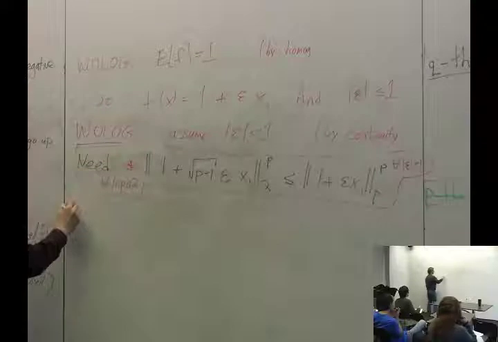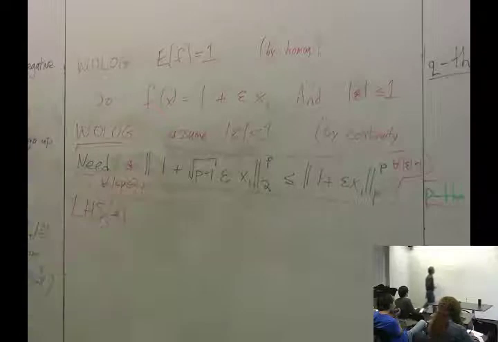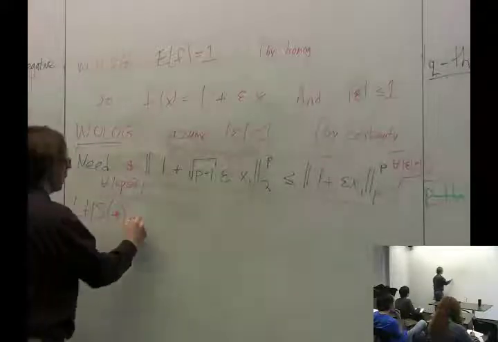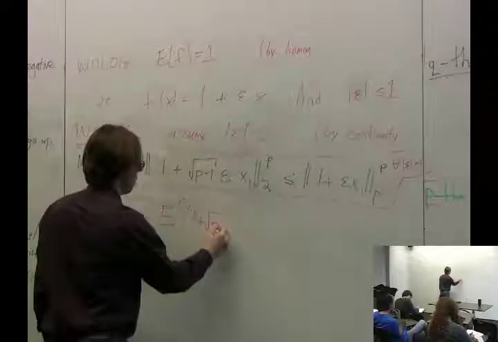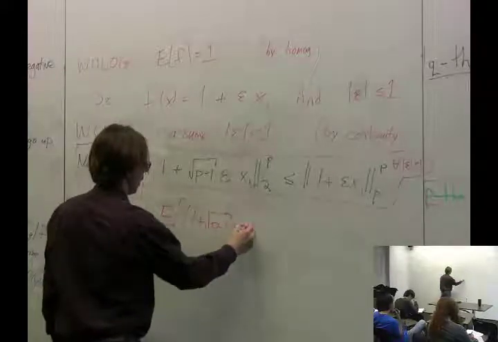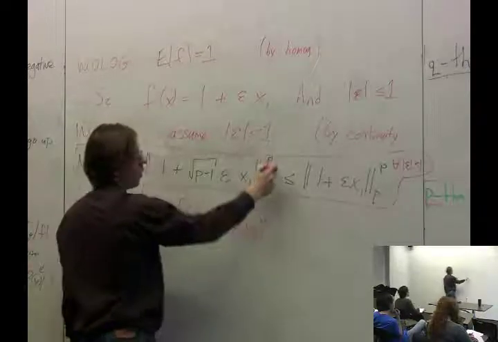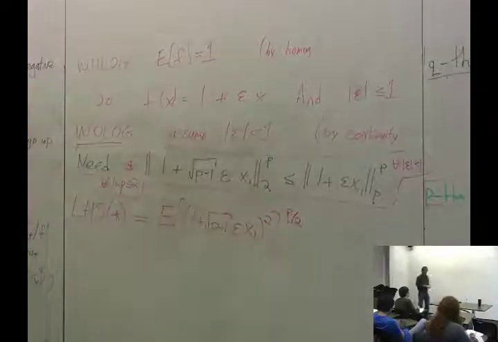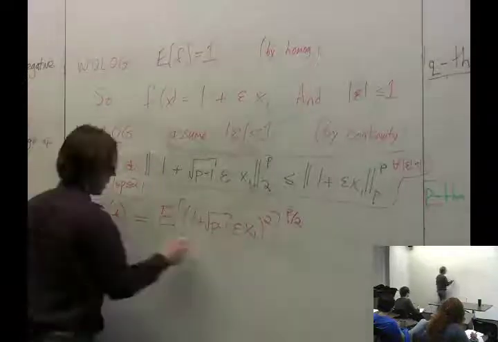Let's start with the left-hand side of star. We see you have a 2 norm in there, which is very nice. We're always happy about 2 norms because 2 is an even integer. We see that this is the expected value of (1 plus root p minus 1 epsilon x1) squared, to the power of a half, to the power of p, so that's to the power of p over 2. And this inner expectation is just an expectation over x1.